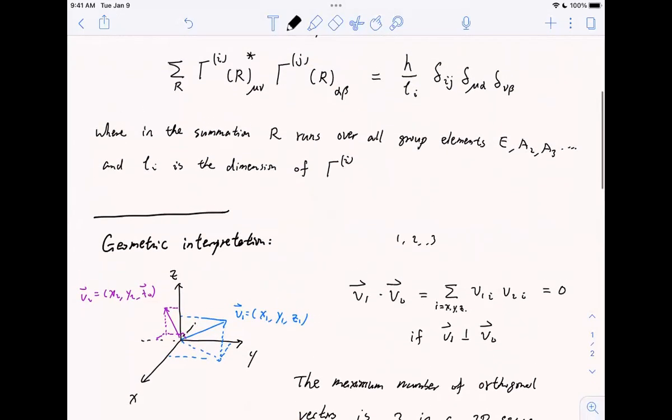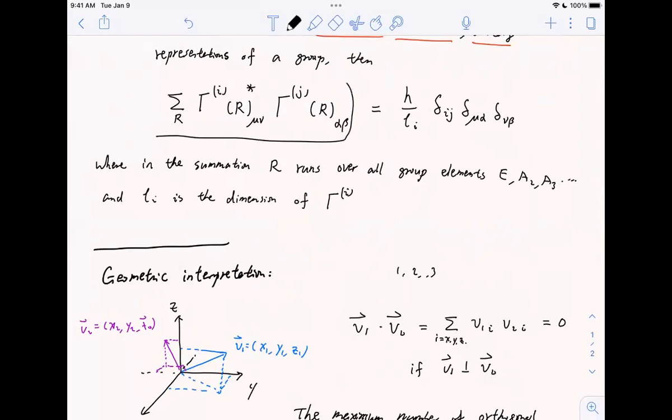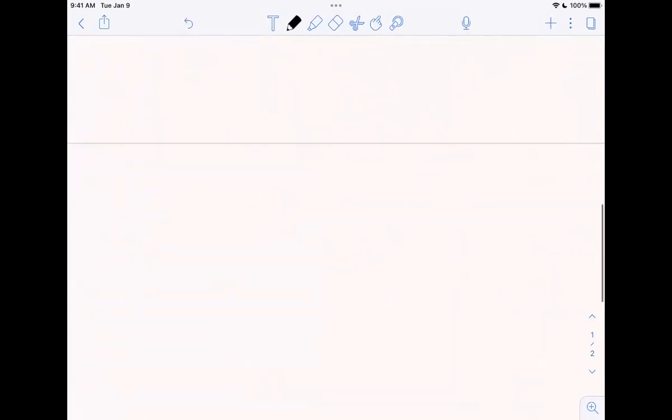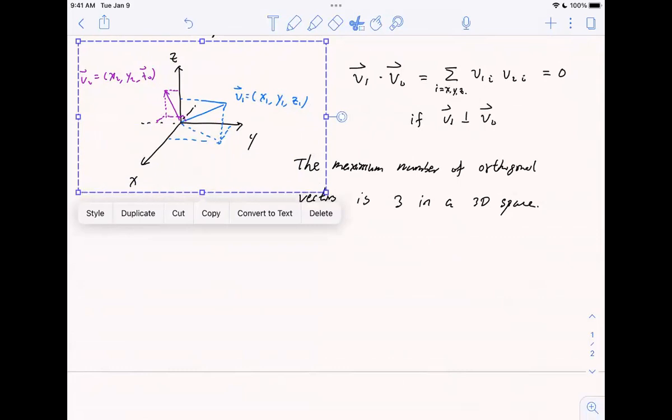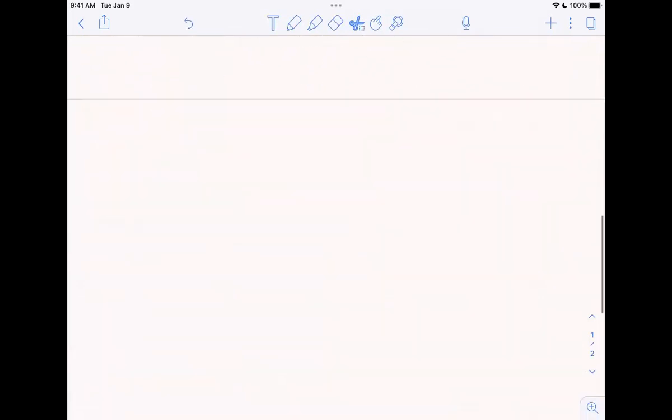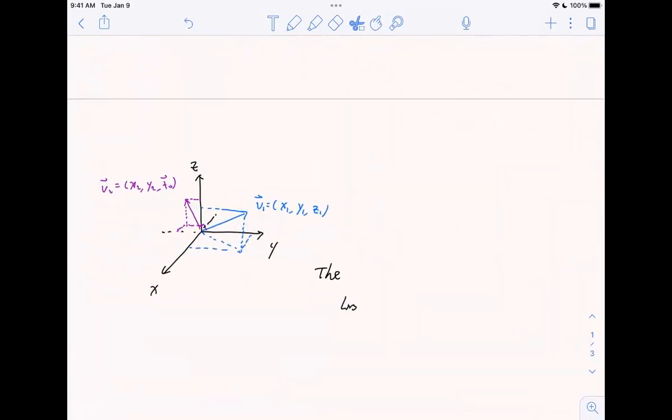So here, let's go through this. What is this thing? This is basically an inner product summing over R. So how many elements? You can have something like this, but for group elements R. Let me use group elements, let's say R1, R2, R3.